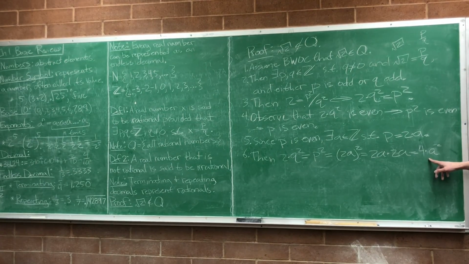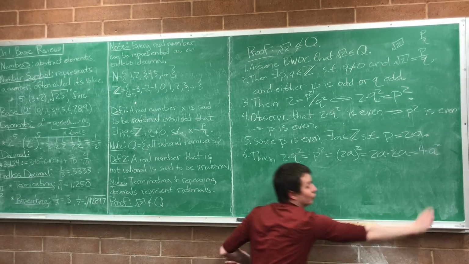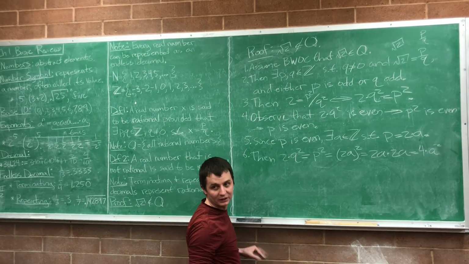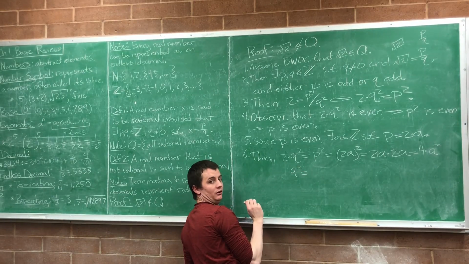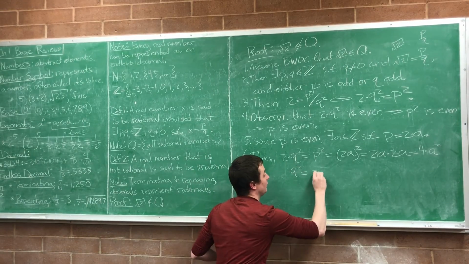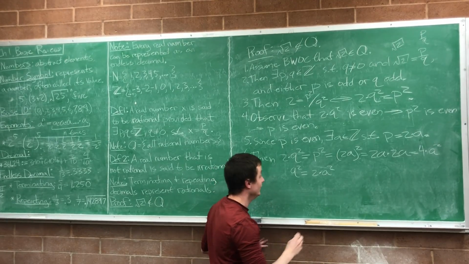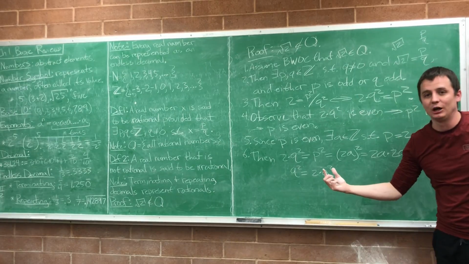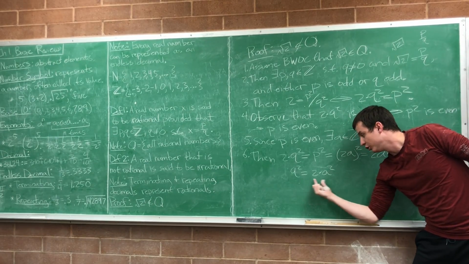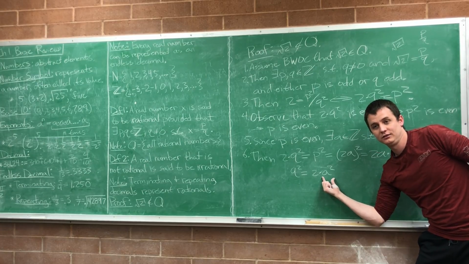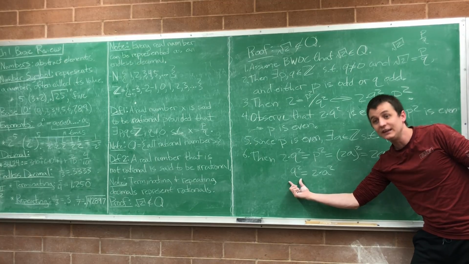You with me? Yeah. Or in other words, multiply both sides by 2's multiplicative inverse, or another way to say it is divide both sides by 2, and we get q squared is equal to what? 2 times a squared. You with me? Yes. Which implies q is even. Let's take that one bite at a time though. Notice that q squared is equal to 2 times a number, so q squared is even.